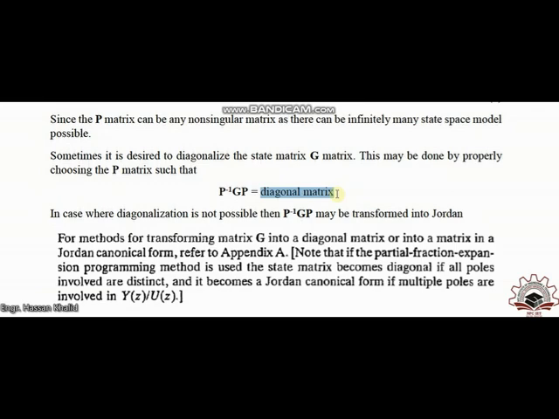Sometimes it is also possible that you are not able to diagonalize the matrix by any means. In that case, the transformation will turn into a Jordan matrix. It means that there are repeating roots in the characteristic equation.